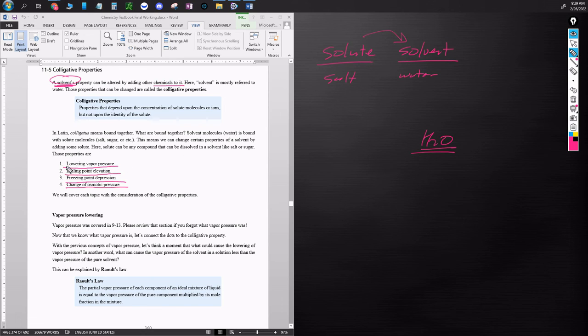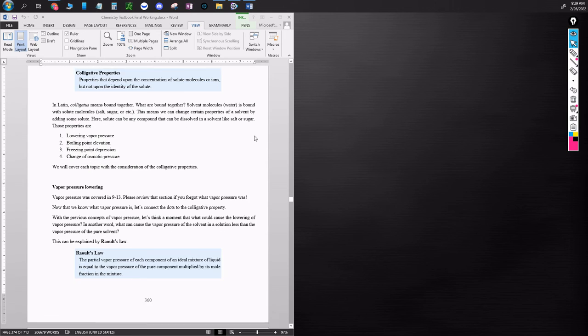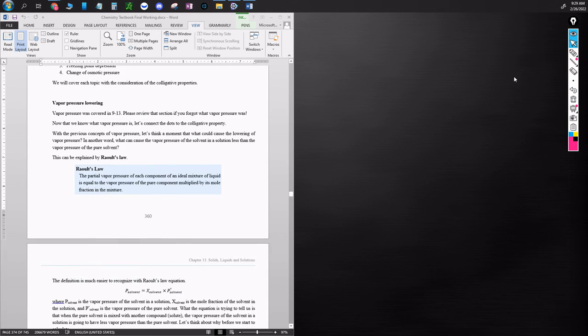So what does it mean by lowering vapor pressure? Let's go into that topic. This differs a bit from the previous concept of vapor pressure, so let's briefly go over what vapor pressure is.